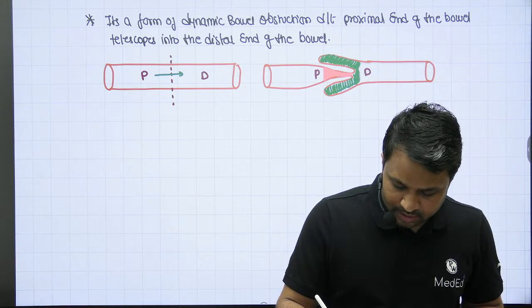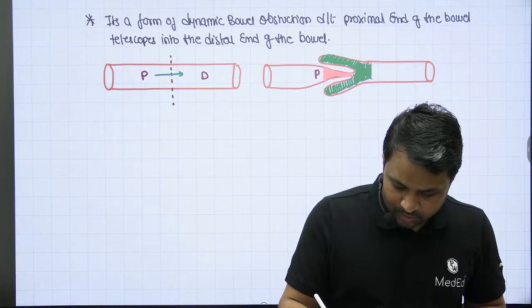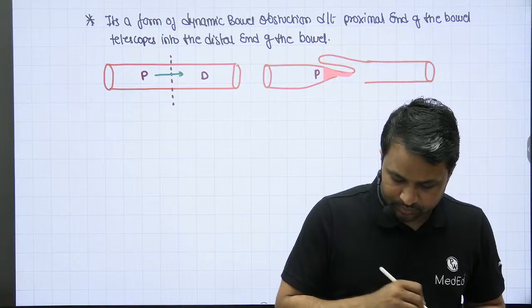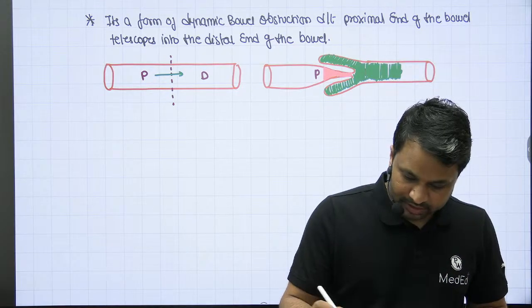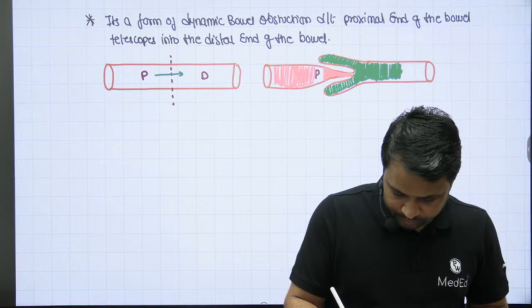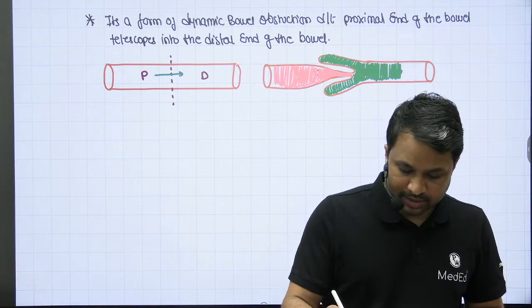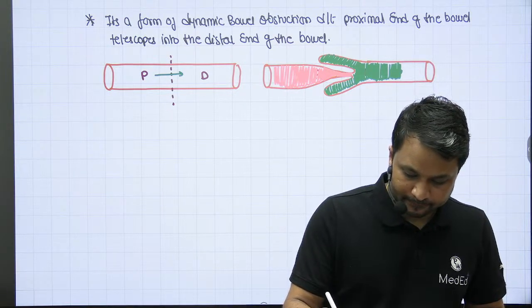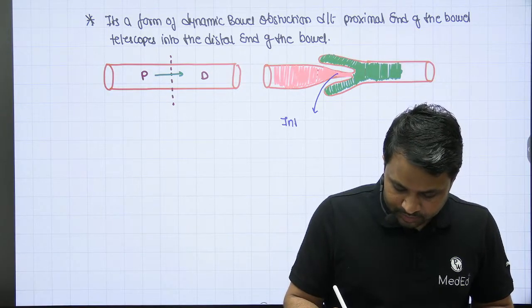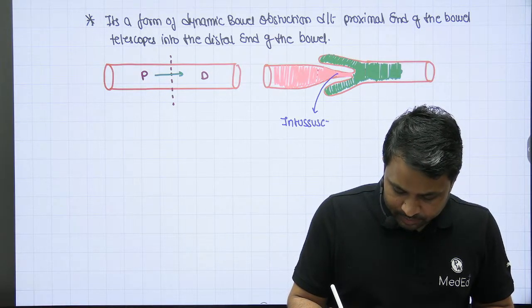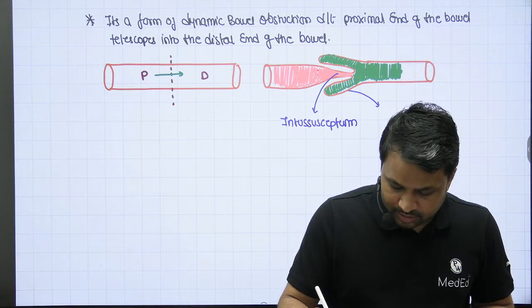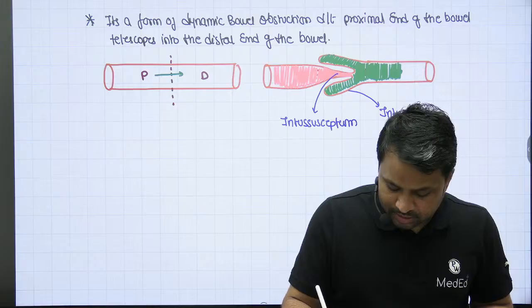This entire proximal end that is going in is the intussusceptum, and the one that takes it in is called the intussuscipiens.